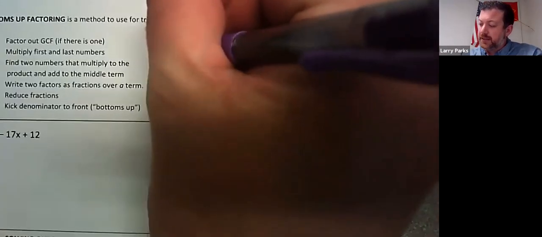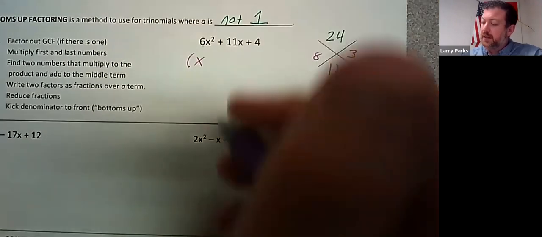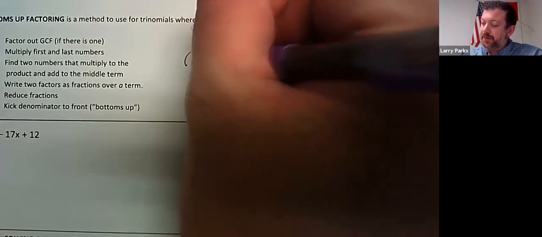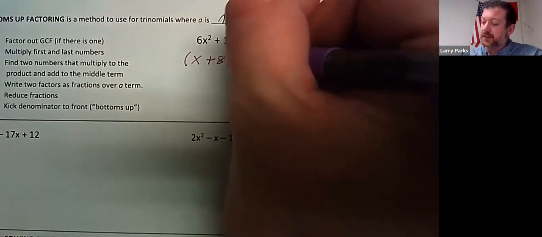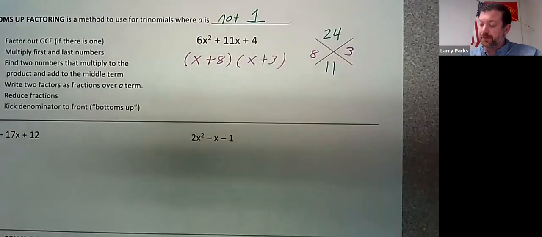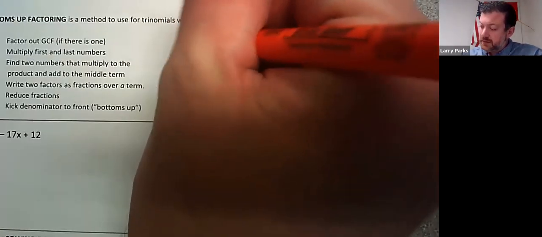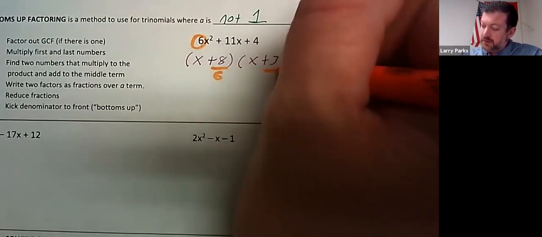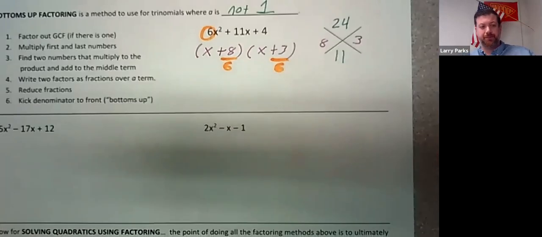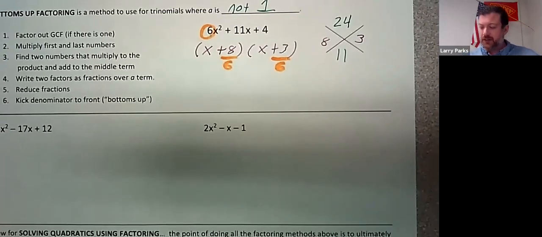So you'd get x plus 8, x plus 3. But you divide by 6. You reduce the fractions.